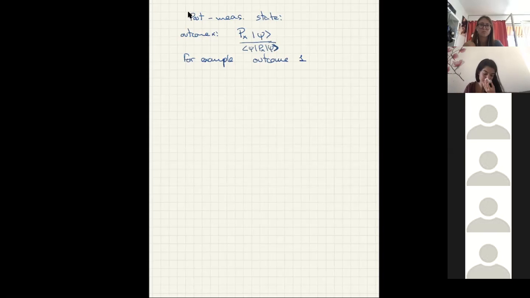So if you got outcome 1, we get 1 over the probability, and we don't care about this for now because we don't want to compute it, times px, not p1 psi, and let's just call this whole thing gamma.